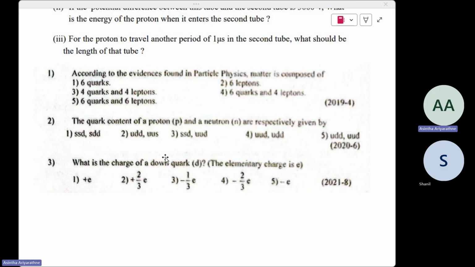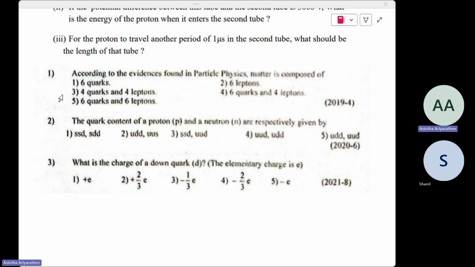So the first one is: according to the evidence found from particles, matter is composed of 6 quarks and 6 leptons.